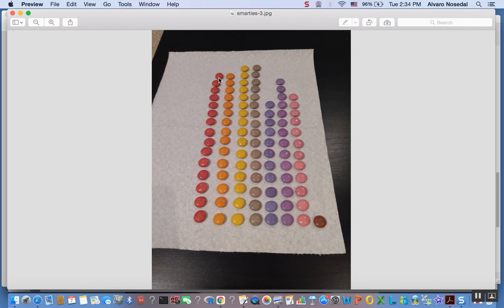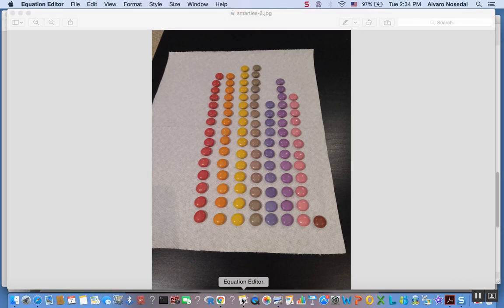And we could do the same with the other colors, right? The one that we're interested in is blue, right? So let's count. 1, 2, 3, 4, 5, 6, 7, 8, 9, 10, 11. Okay, so the probability of blue using this approach would be 11%.